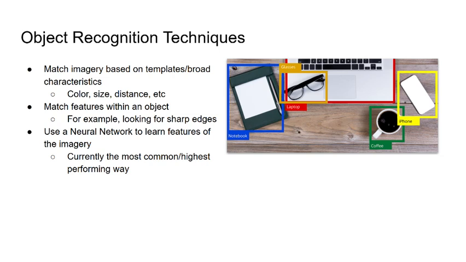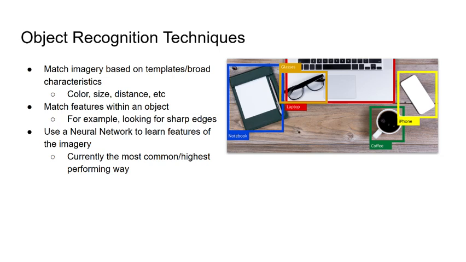So there's a few ways to do this. I won't say there are wrong ways, but there's kind of one way people still do. You can match imagery based on templates and broad characteristics like size, color, shape, etc. If you're sitting on the ocean and you see a large object above the water, it's going to be a kraken or something like that.